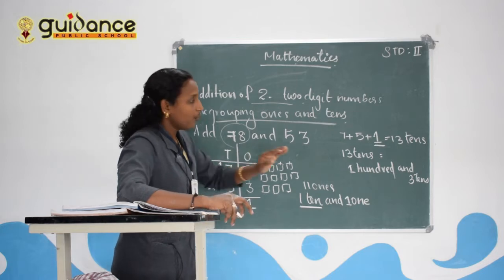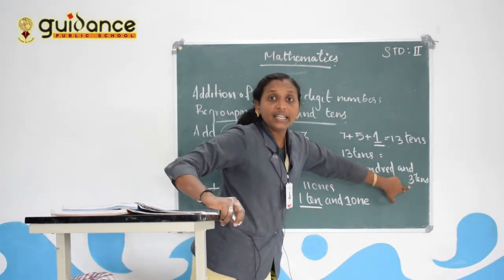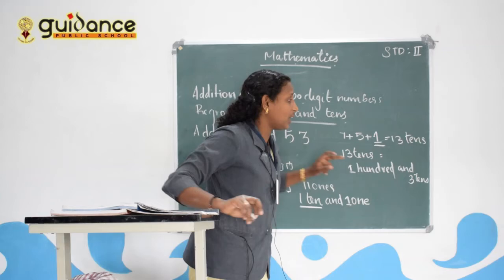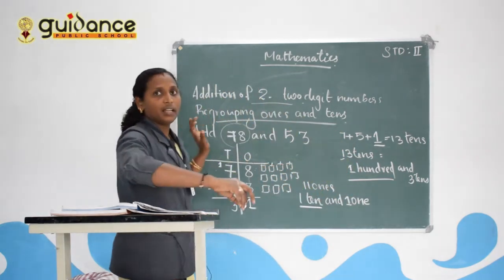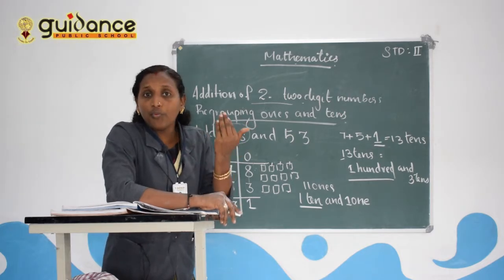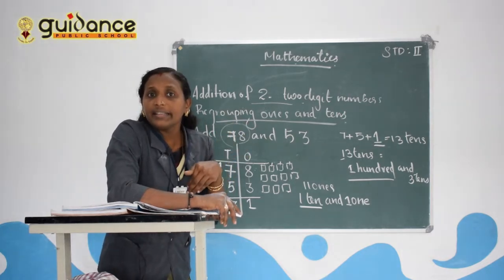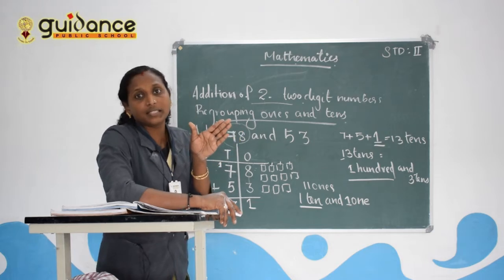All of you clear? Write 3 in the tens place and 100. That means this carried over 1 can be written in the 100 place.